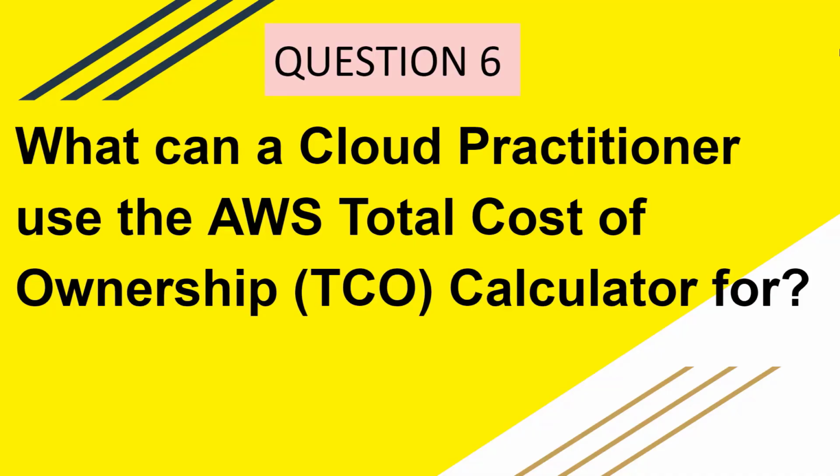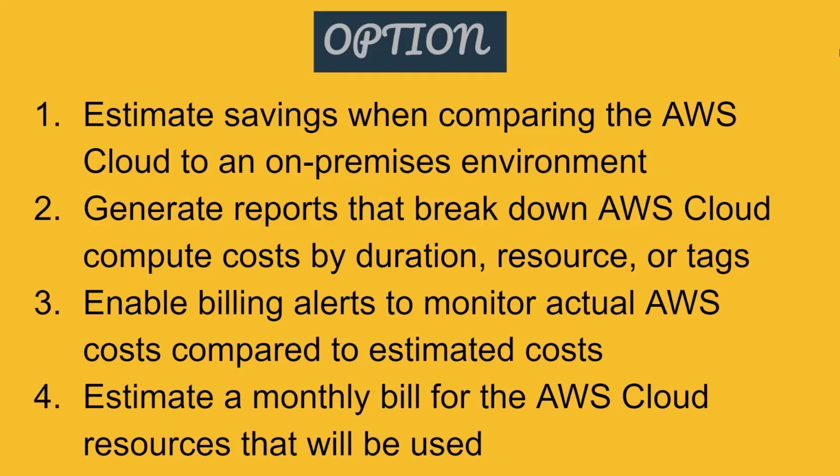Question 6. What can a cloud practitioner use the AWS Total Cost of Ownership, TCO, calculator for? Option 1. Estimate savings when comparing the AWS cloud to an on-premises environment. 2. Generate reports that break down AWS cloud compute costs by duration, resource, or tags. 3.